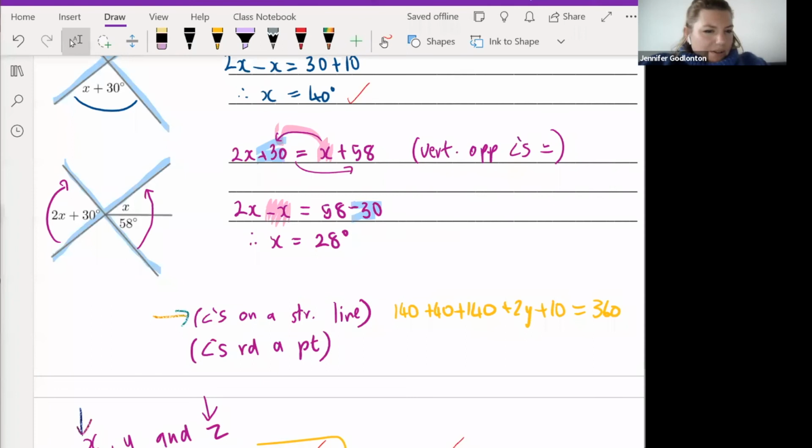Let me just change X over here. So if we're trying to add these two angles together, because I want to know what they are as one, then I would add them together. So as soon as you're going to have multiple ones, you would add. Like if I had another line in here and this was 10 and this was 12, I would say 10 plus 12 plus 8. So we always add whatever we have there.